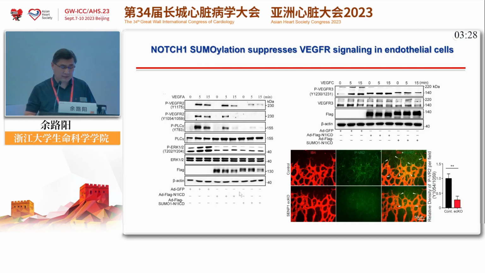And actually, the SUMOylation directly targets the intracellular domain, the NICD of Notch1, and will inhibit the VEGF-R2 and VEGF-R3 signaling.